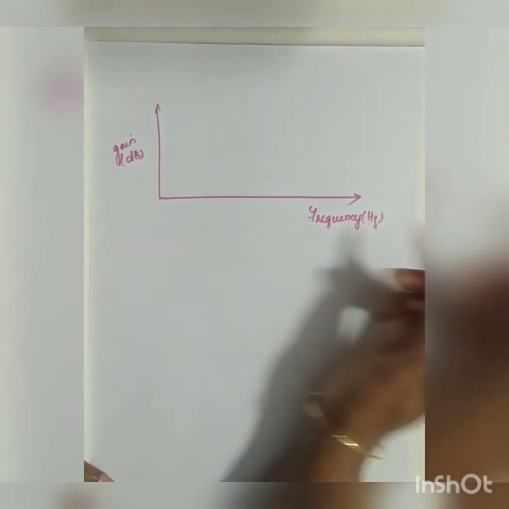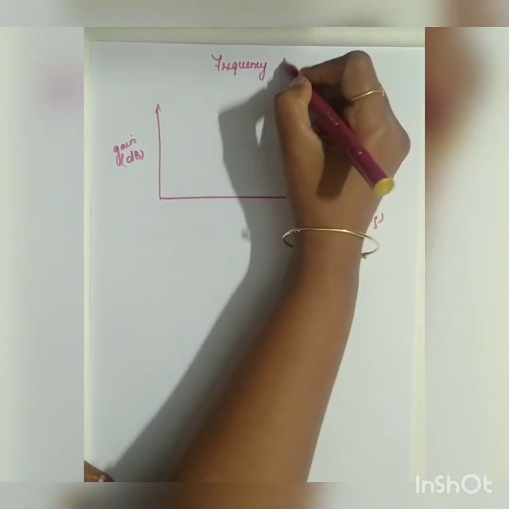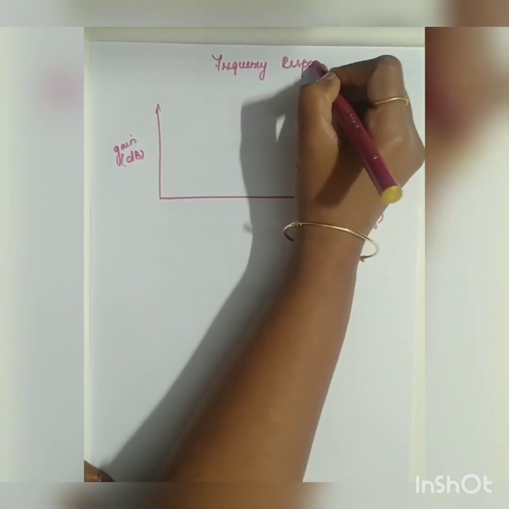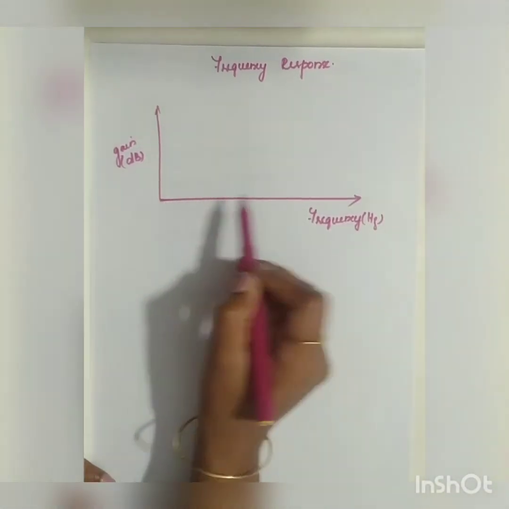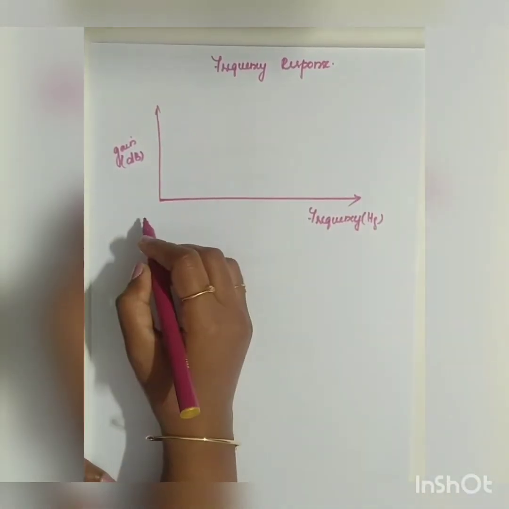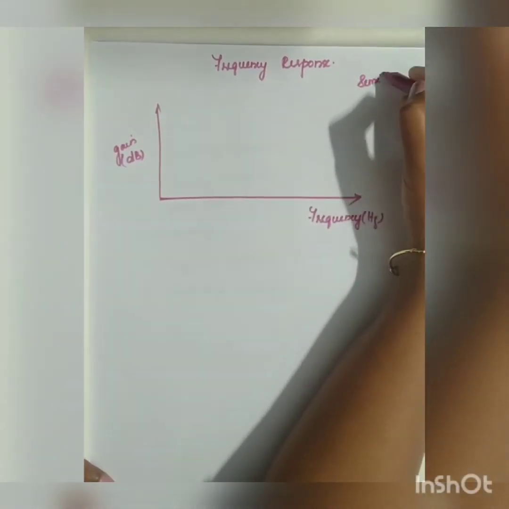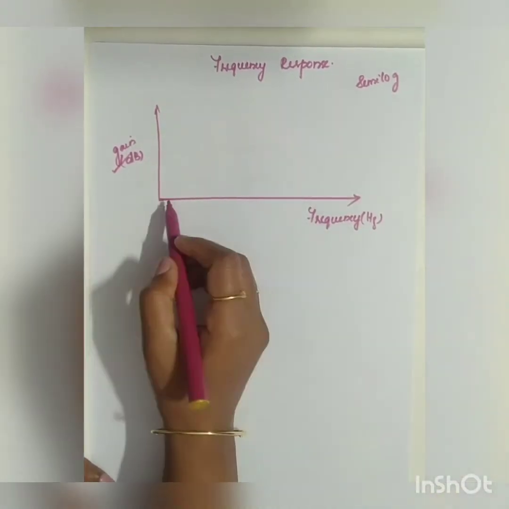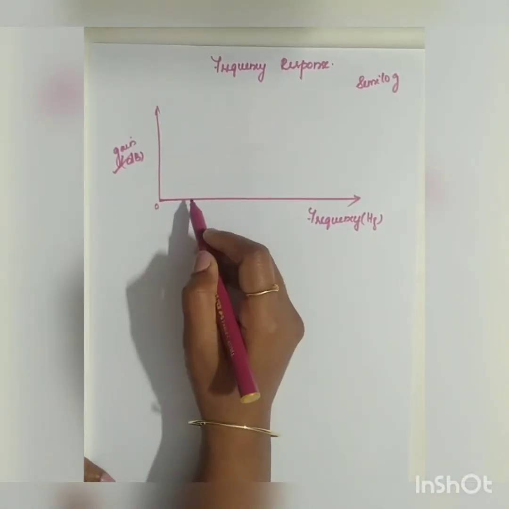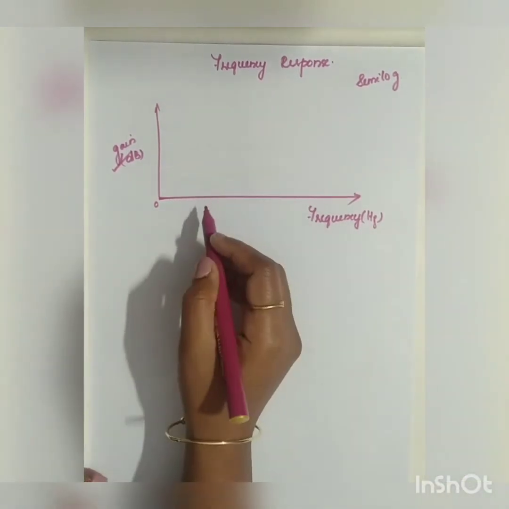Frequency response can be defined as the response of the system at different frequencies. It is plotted on a semi-log graph, because your gain is taken in decibels. Now if this is 0 hertz, how will you mark your frequency?